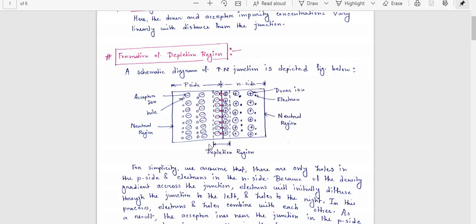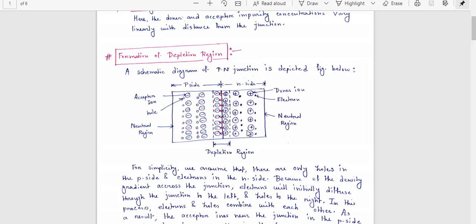So electrons can move from right to left and holes can move from left to right. Again there is a movement of electrons and holes, so you can say there is conductivity.